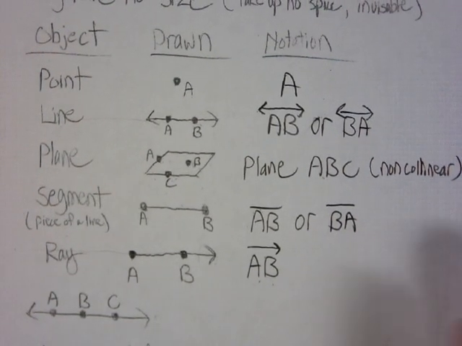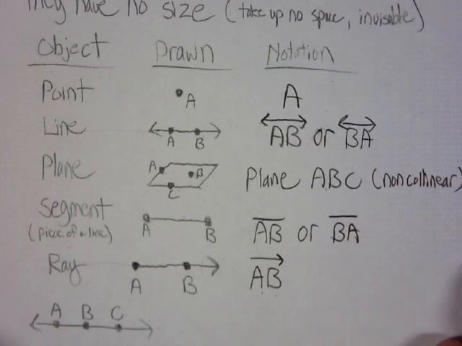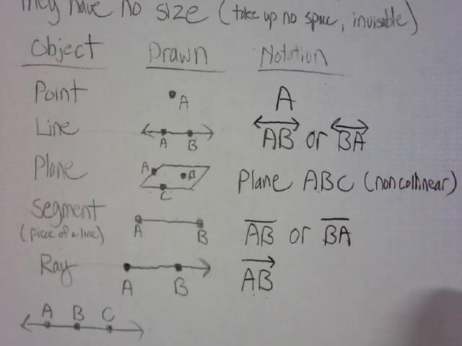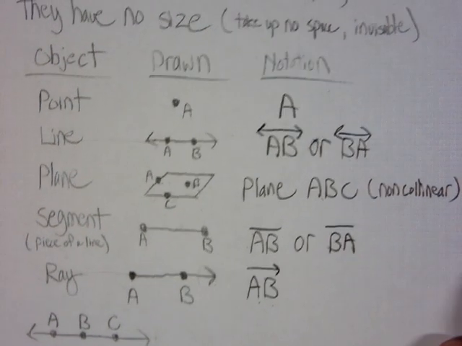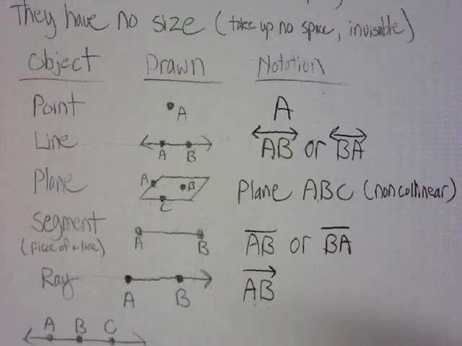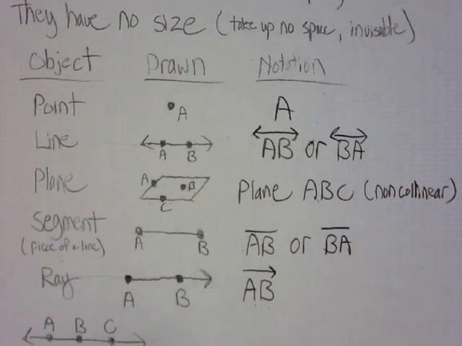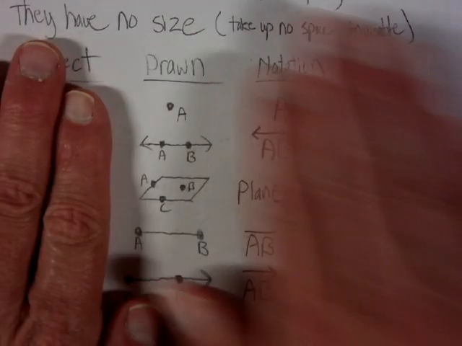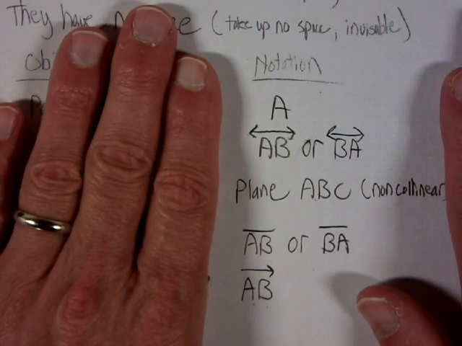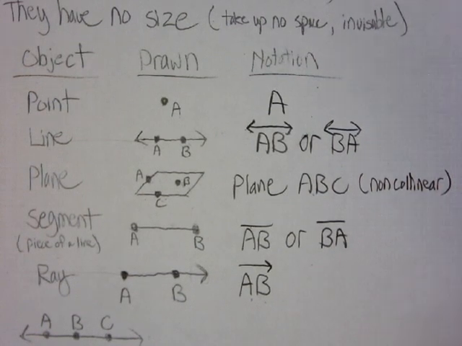Okay. So now, let's just stop here now that we've talked about how to name each one of these things and kind of point out a couple of different things. Okay, so number one, make sure that you know how to correctly pronounce these things. Because sometimes in geometry you'll have the picture, but sometimes you'll only have the name of the object. So you need to know how to properly name it when you go to read it.